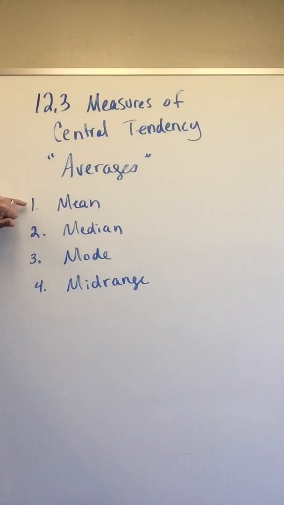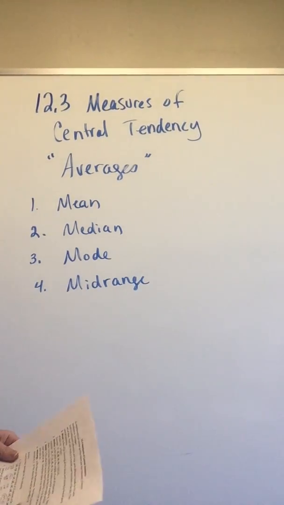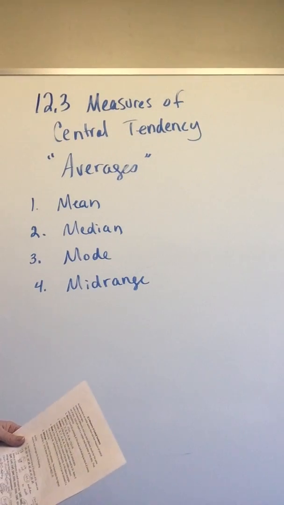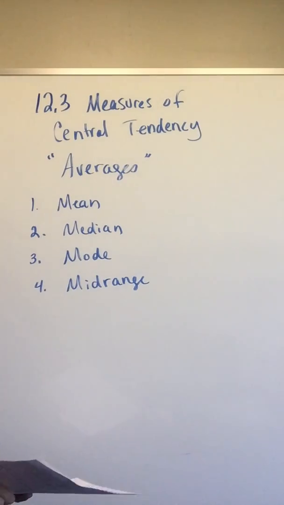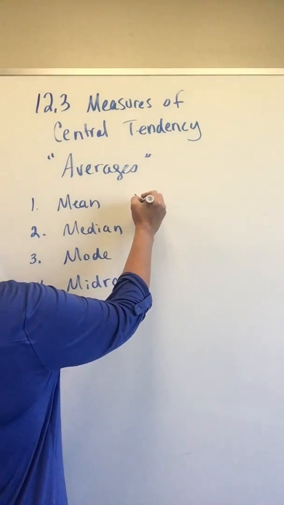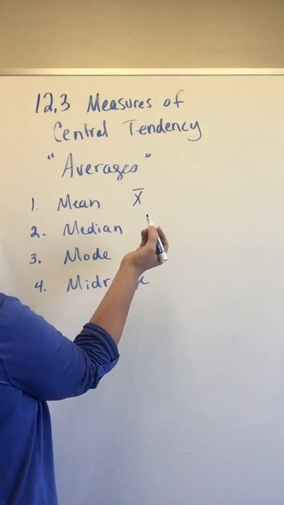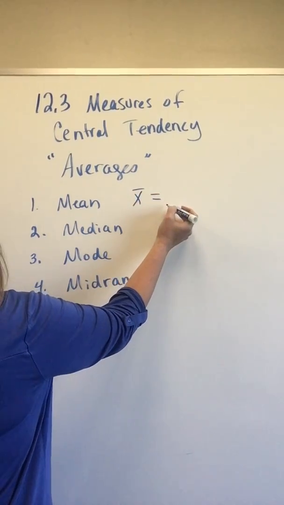So here they are. The first one, probably the one you think of the most, is the mean. The mean means to add all the values, so sum all the values, and then divide by the number of pieces of data. As a formula, X bar means the mean, that's our symbol for the mean.